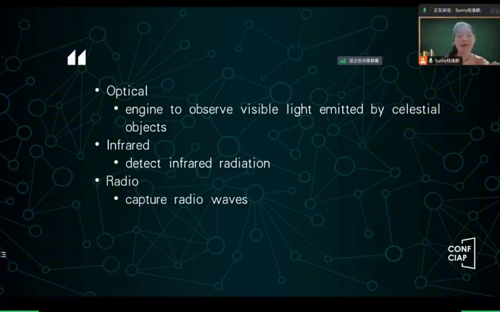The first one is optical, which observes visible light emitted by celestial objects, as we just mentioned. And the second one is infrared telescopes, which detect infrared radiation. And the last one is radio. It uses radio telescopes to capture radio waves and do some data analysis.